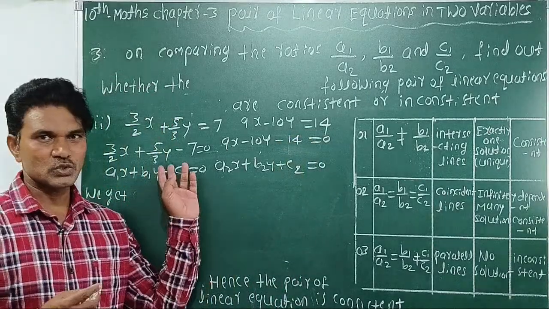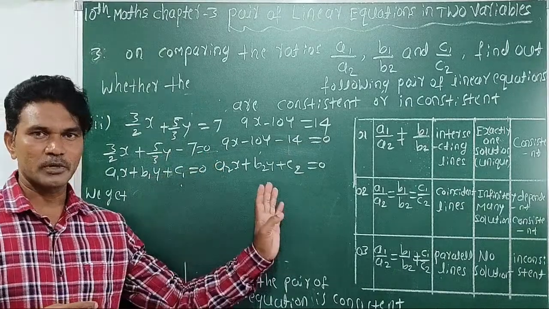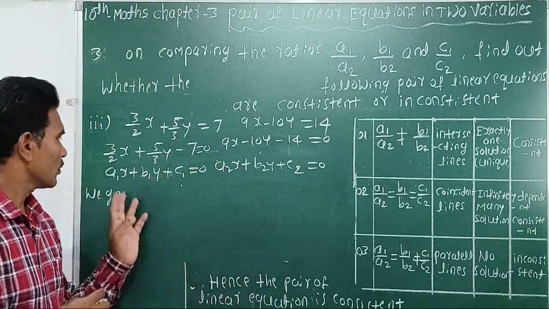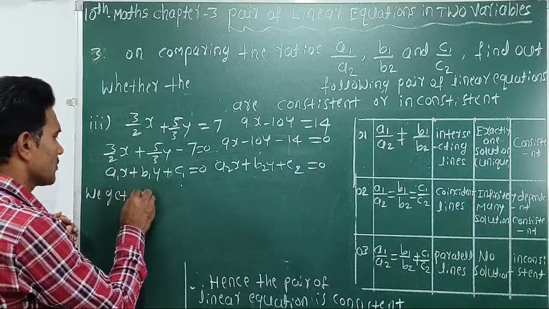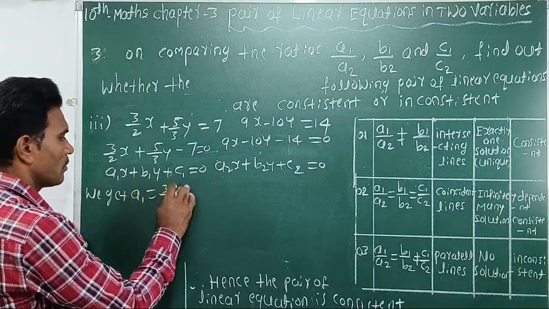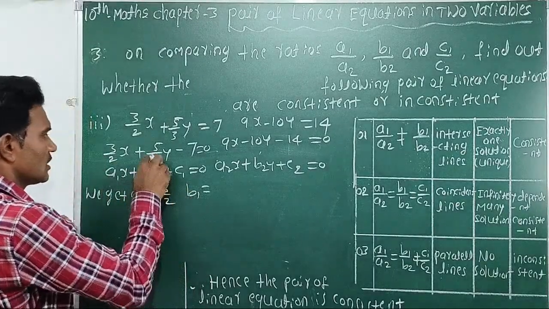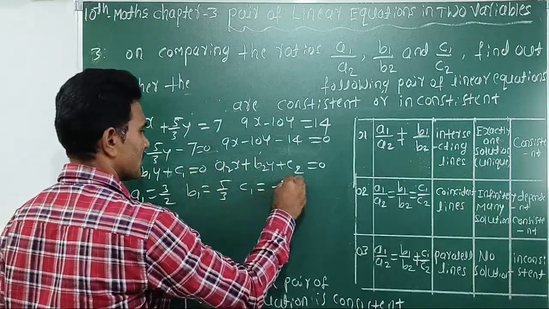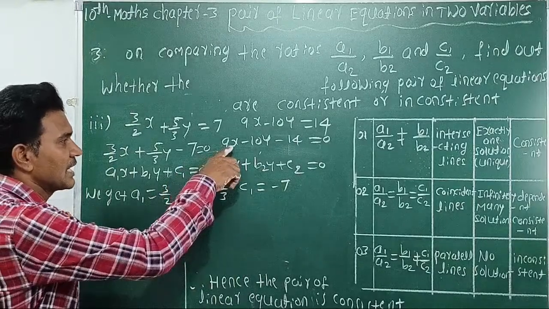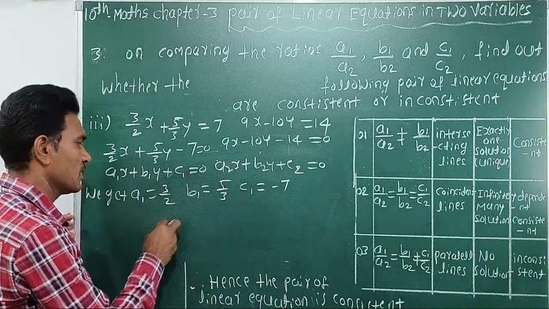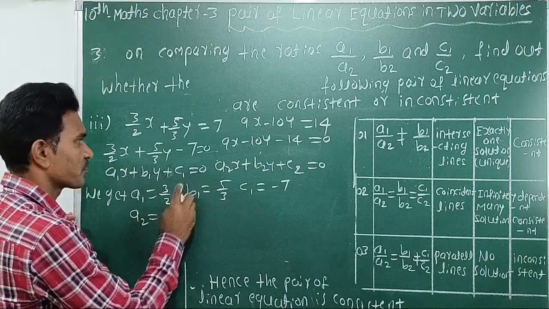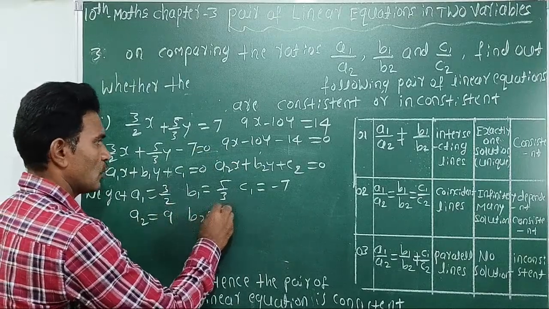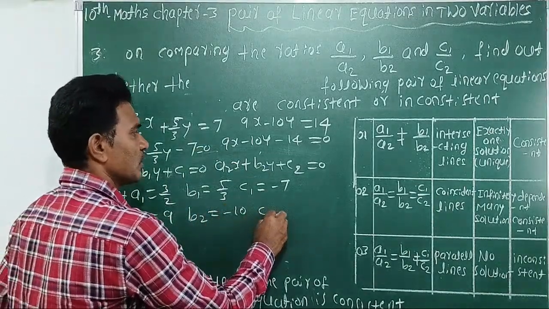On comparing with the standard form of pair of linear equations, we get a1 value is 3 by 2, b1 value is 5 by 3, c1 value is minus 7. On comparing the second equation, a2 value is 9, b2 value is minus 10, c2 is minus 14.